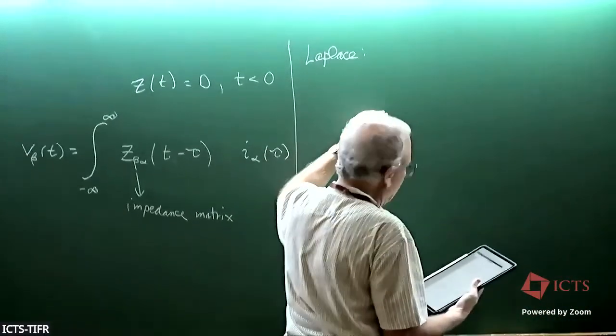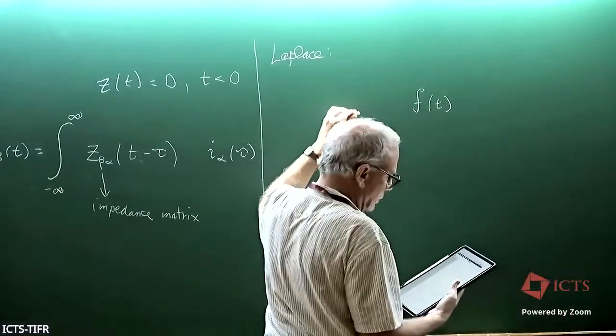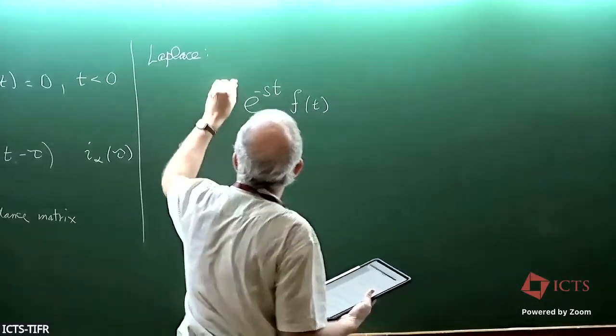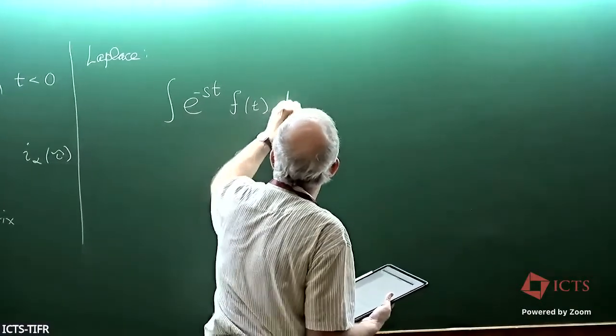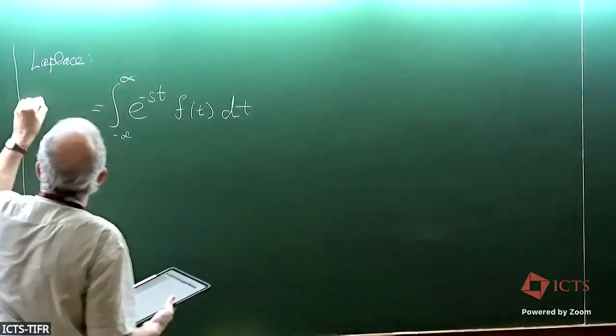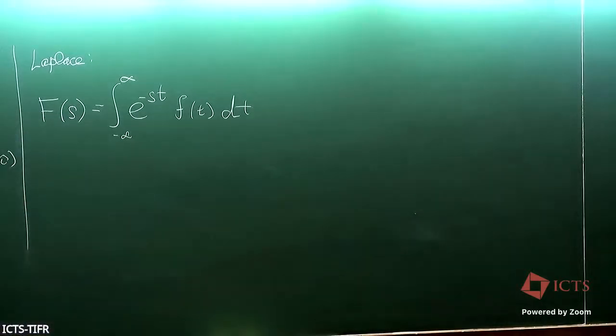If I have any function of time, f of t, I will introduce its Laplace transform, e to the minus st integral over time. And that produces a function in the Laplace domain, with Laplace variable s.